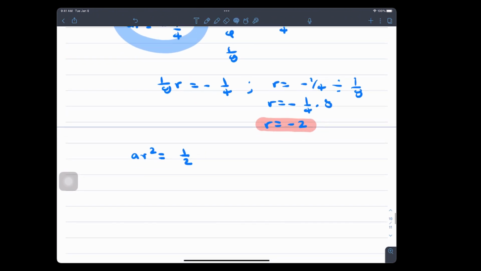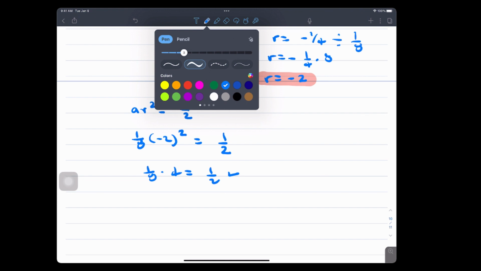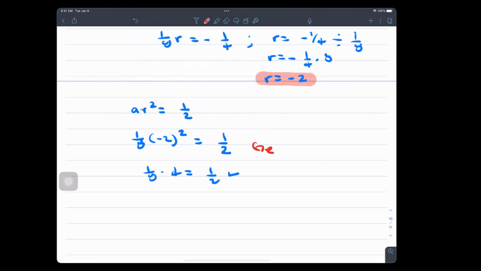We get 1/8 for A, R is negative 2. Does this equal 1/2? What do you guys think? 1/8 times 4 is in fact 1/2. So guess what, ladies and gentlemen? This is in fact geometric.